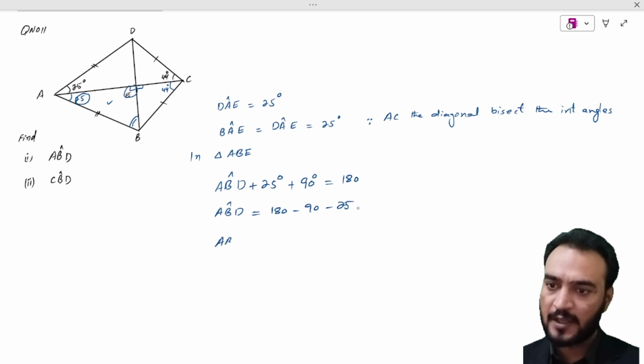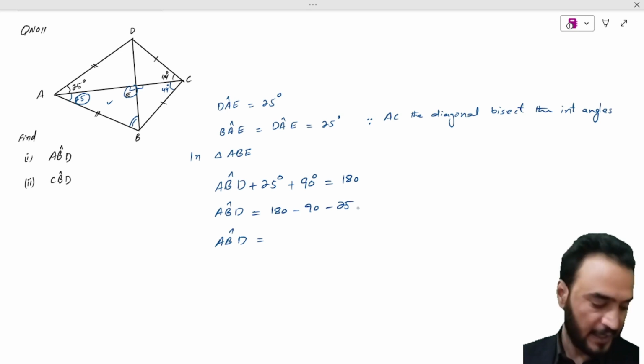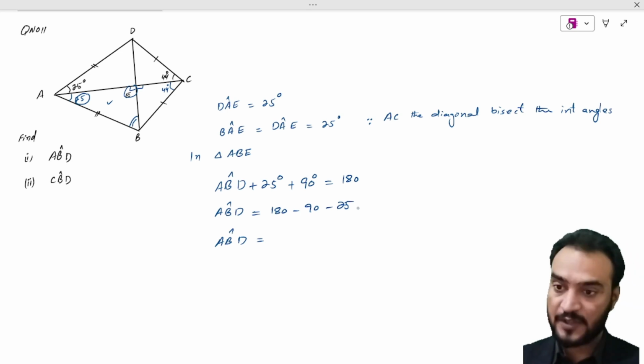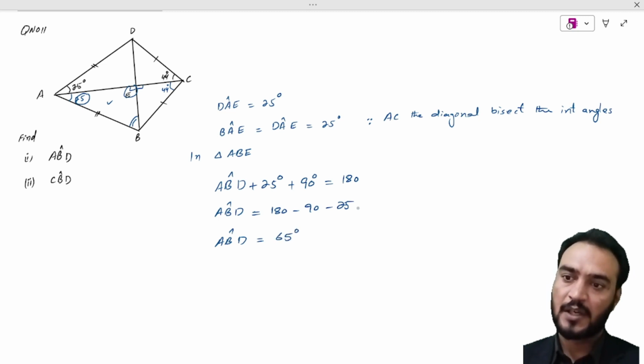Subtracting these two angles from 180, we get the value of angle ABD, which is equal to 65 degrees. Now this was part 1. Now we will solve part 2, and for part 2, CBD is the angle which is required. This angle is to be found.